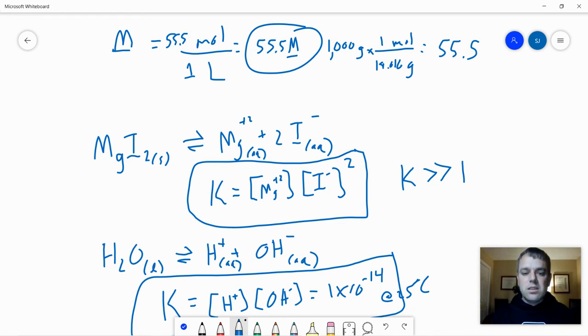By the way, just in case you haven't figured this out yet, since we're plugging in pressures or molarities, these are always positive numbers, so K can never be less than 0. K can never be a negative number.